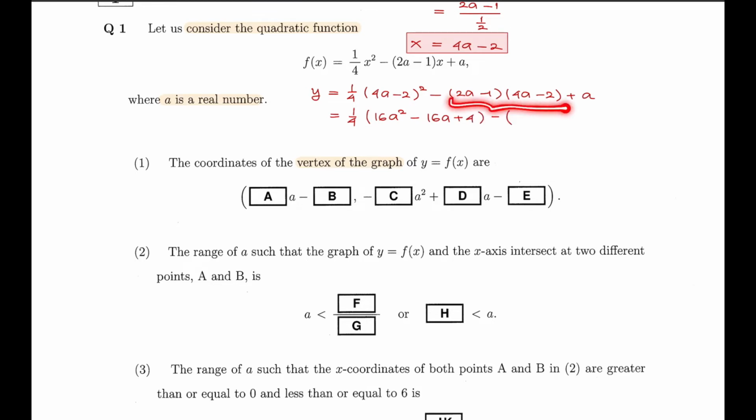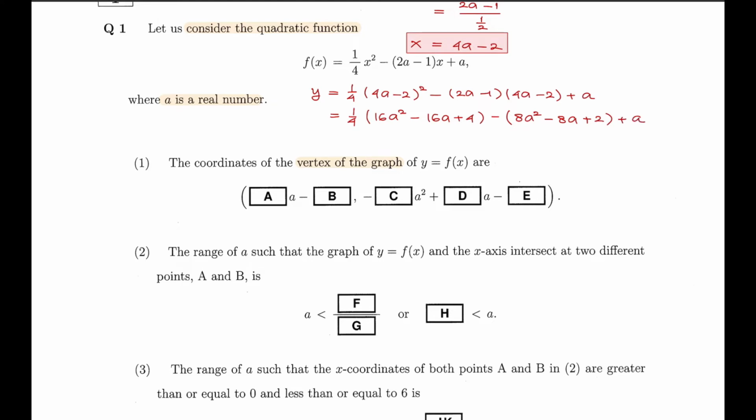let's expand this expression too. If we multiply it 1 by 1, we will obtain 8a squared minus 4a and then minus another 4a, minus 4, we got minus 8a, and then the last term is negative 1 times negative 2, which is plus 2.